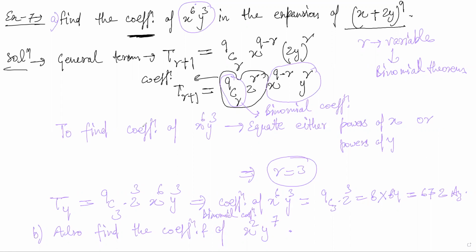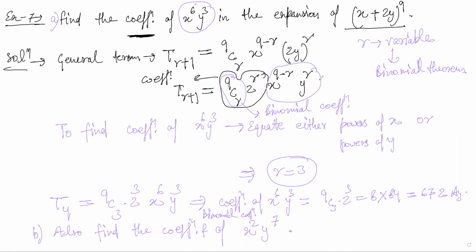If anybody has found the value of r, please tell me what should be the value of r to find the coefficient and binomial coefficient. There is r = 5. Why 5? Because when we subtract 7 and 2 we get 5. I may be wrong. No, just simply compare this now.